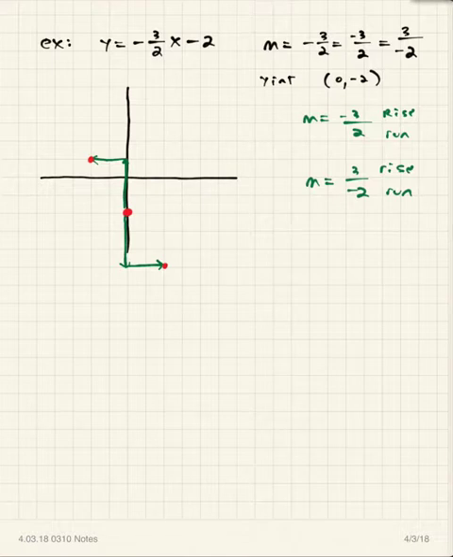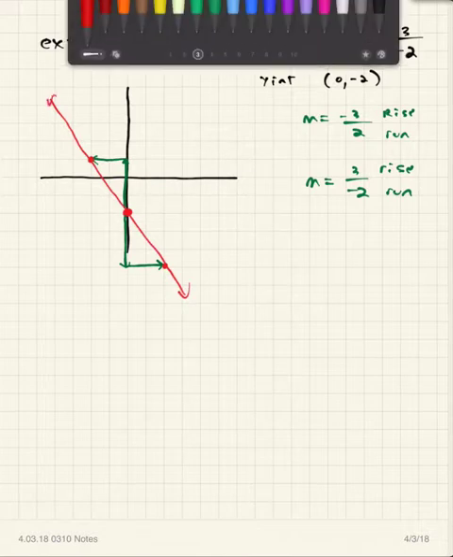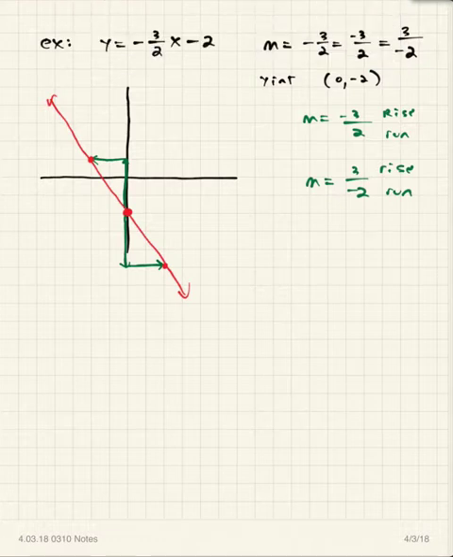Notice you get the same line either way. Right, and so there's my line, like that. Okay, so I think hopefully no questions. So hopefully we're doing okay here.